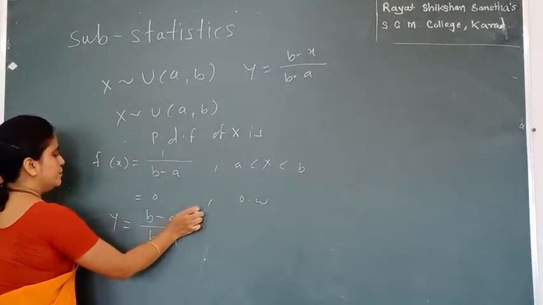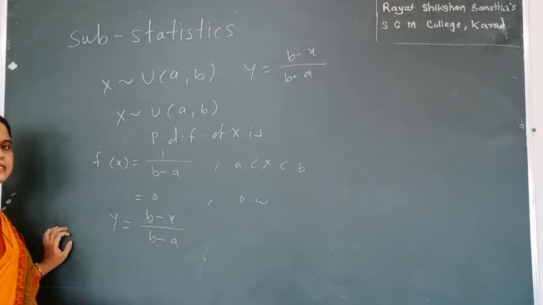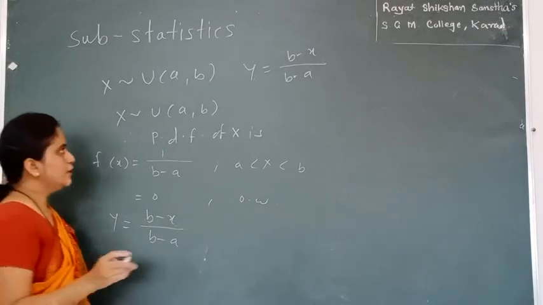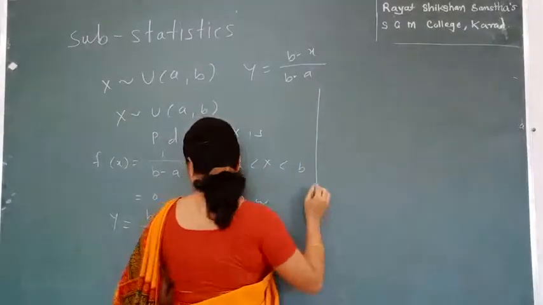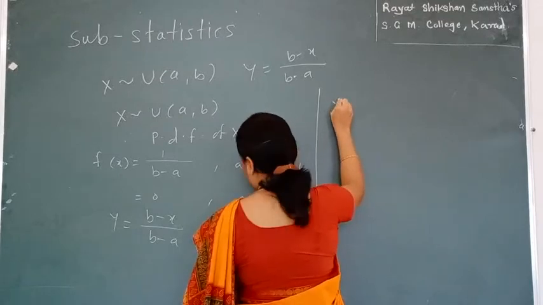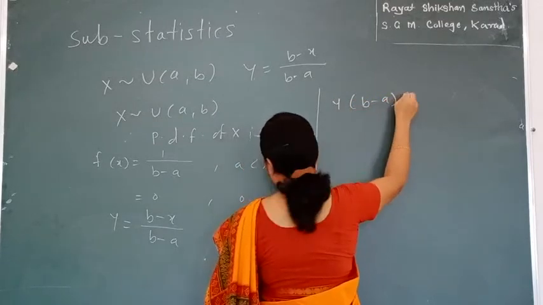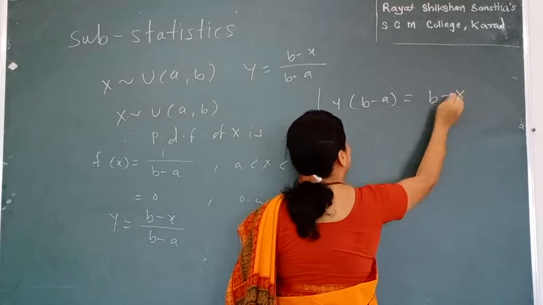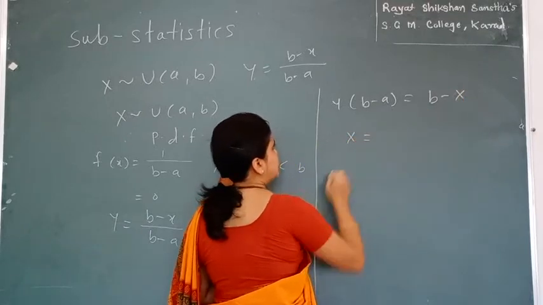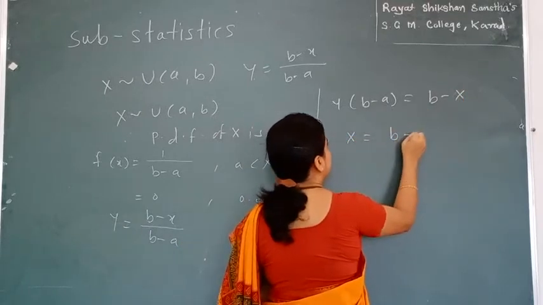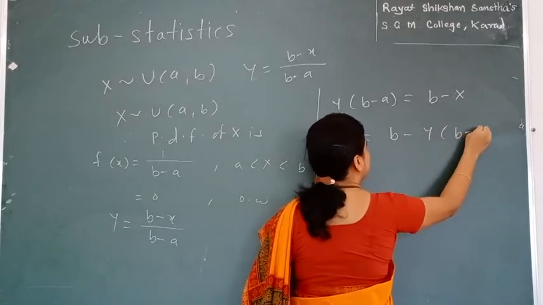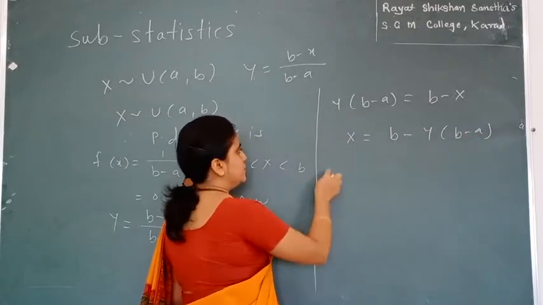So the first step is to find x in terms of y. We can write y times b minus a equal to b minus x. So x becomes b minus y times b minus a. This is my first step.